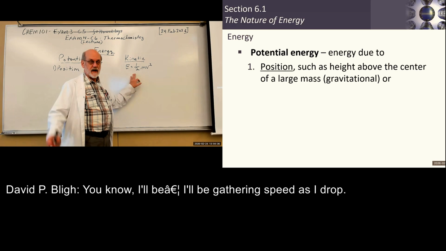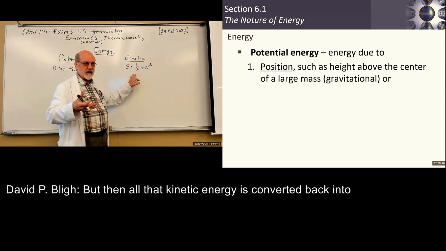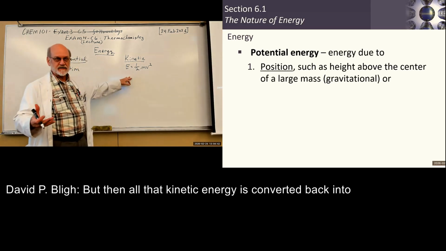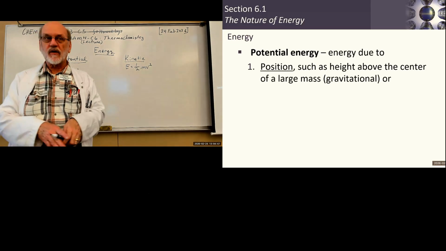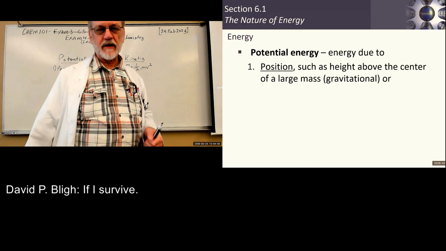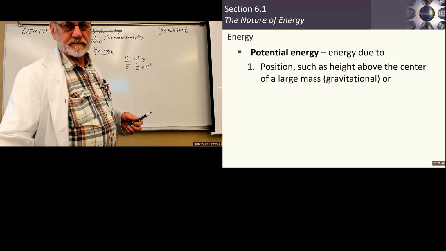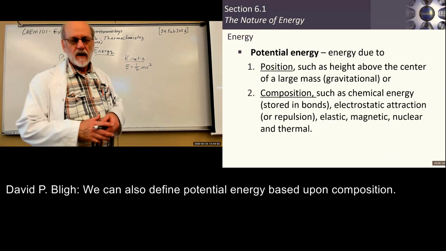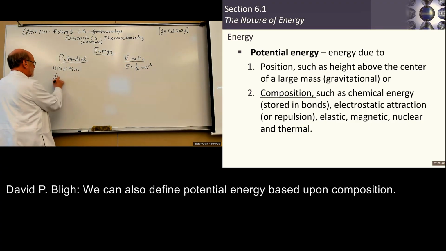I'll be gathering speed as I drop, but then all that kinetic energy is converted back into heat when I hit the ground, if I survive. Okay. We can also define potential energy based upon composition.